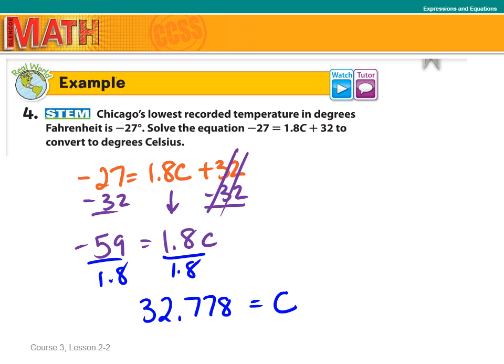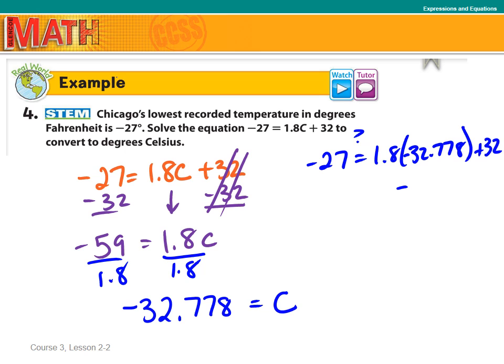So let's check that out, see if that's our answer. Negative 27, does that equal 1.8 times negative 32.778, almost running out of room here, plus 32? Okay. So I'm going to take my 32.778 times 1.8, and actually that should be negative 32, sorry.